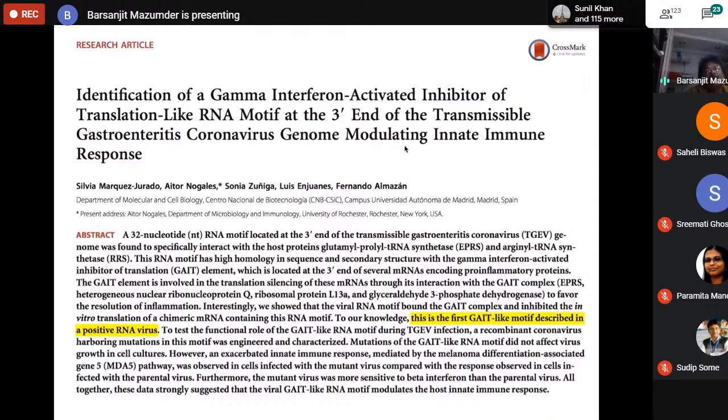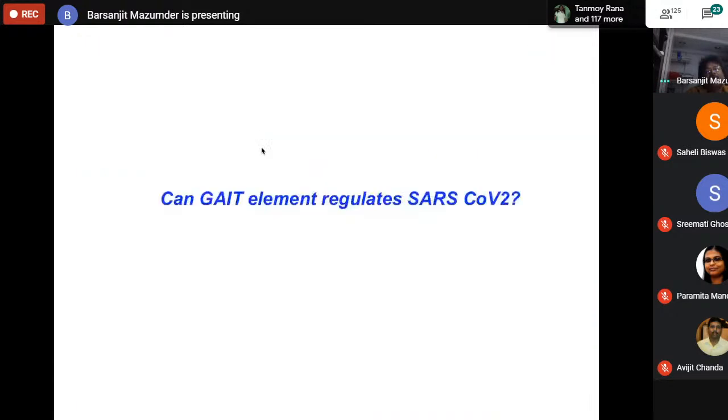So this is not our work; this is the work from this group in Spain. This is the first GAIT-like motif described in a positive RNA virus. They identified this in the gastroenteritis coronavirus genome, which is a near relative of SARS-CoV-2.